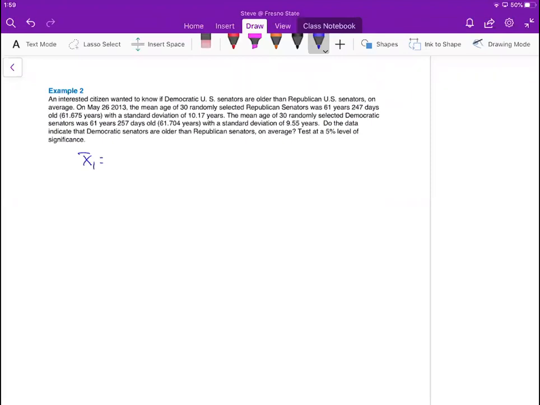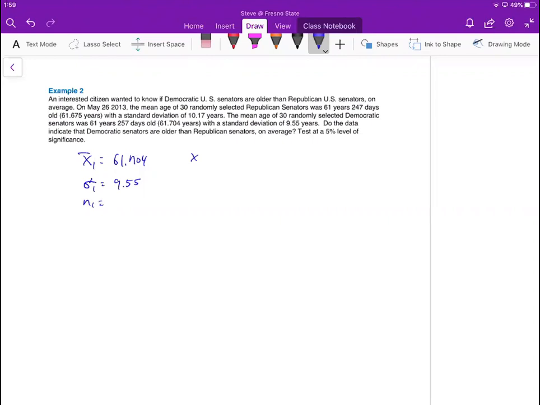So I'm looking at this Democrat. Democrat 1 was, let's see, what was the value here? 61.704, standard deviation. So what if I assume that these are the population standard deviations? That's basically what I'm looking at here.